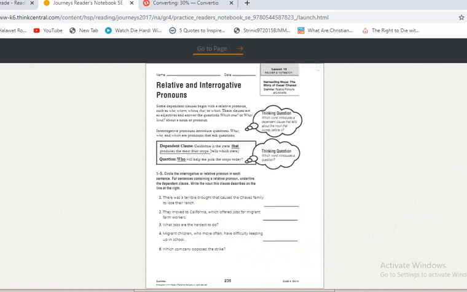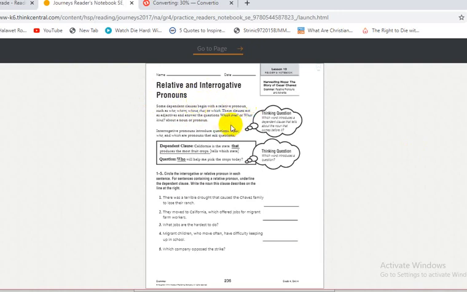Next, we're going to talk about relative and interrogative pronouns. Some dependent clauses begin with a relative pronoun, such as who, whom, whose, that, or which. We call all of these relative pronouns.